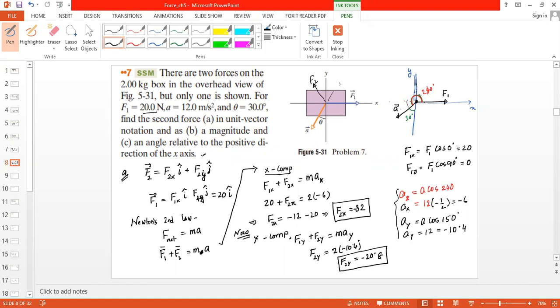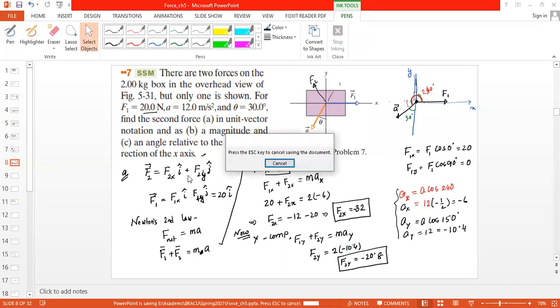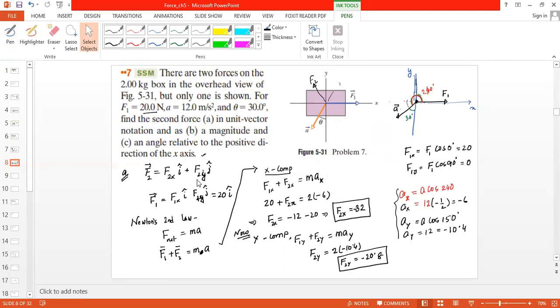As I now have F2x and F2y, by substituting the values of F2x and F2y here, I can write it in unit vector notation.